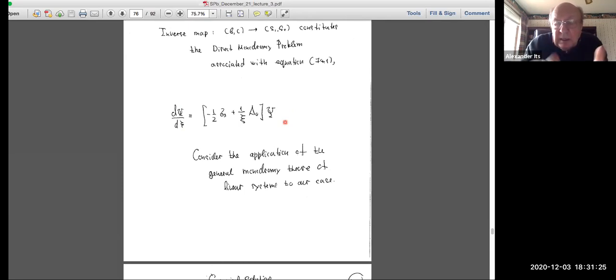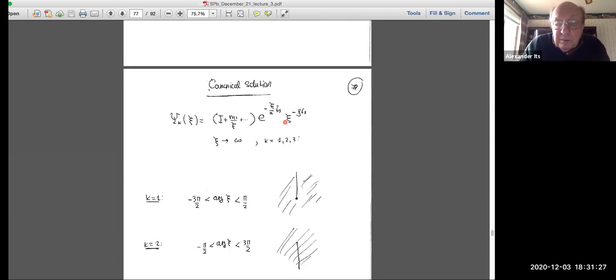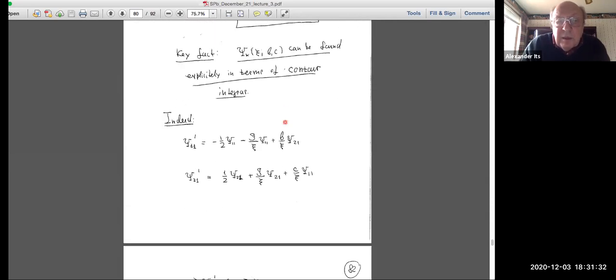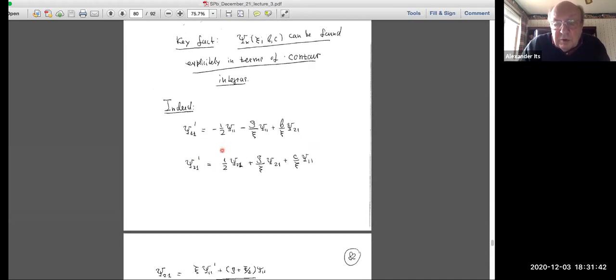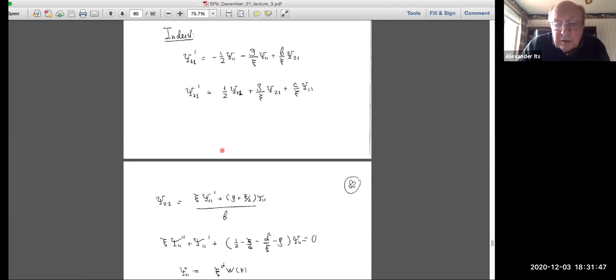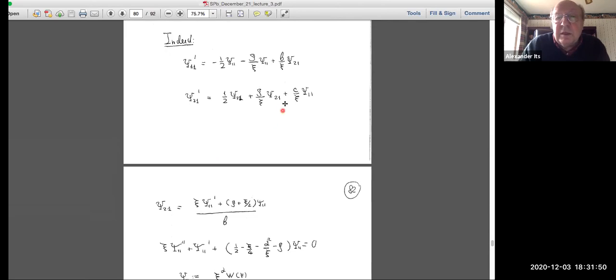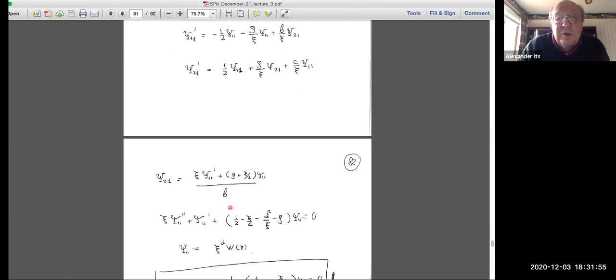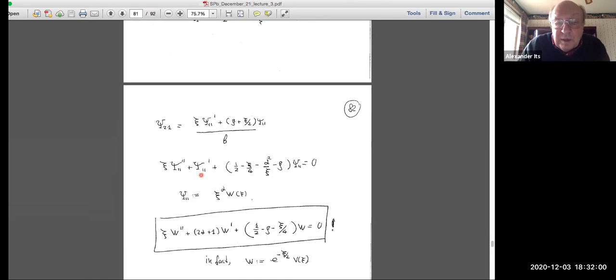But if I do the very trivial thing, I write just the system for the first column and go to the second order differential equation for just one function. Just express psi21 in terms of psi11 and substitute it here. I would get just one equation for psi11.